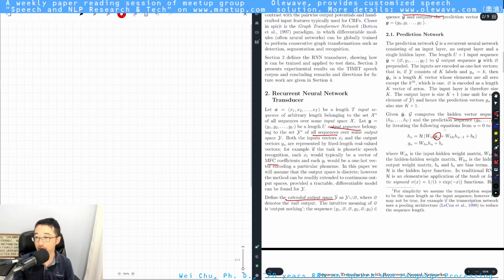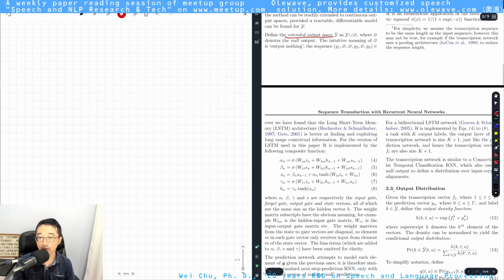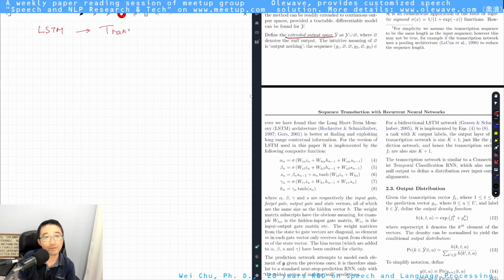He talked about this in the RNN style, but people found that LSTM works better than the RNN-T. But nowadays, nobody uses LSTM. People will always use the transformer or conformer. LSTM was about 10 years ago, and nowadays it's all being replaced with the transformer.